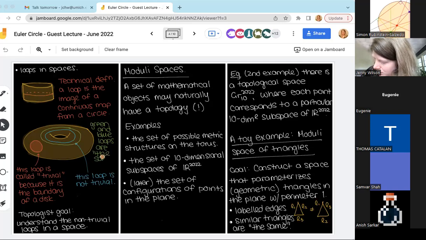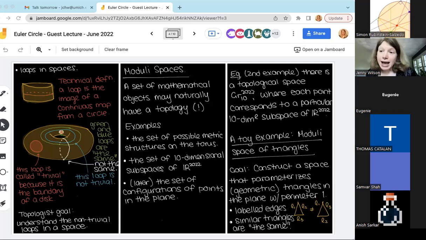Your instinct is absolutely right. They're the same in that they're homotopic to each other. And it turns out, this is also not obvious, that they're not homotopic to this white loop that I've just drawn around the handle.